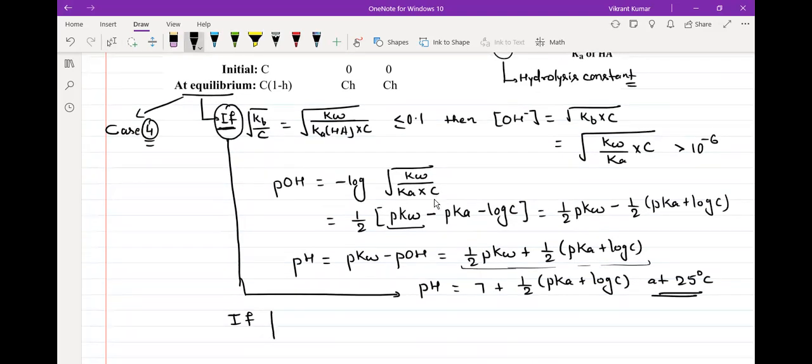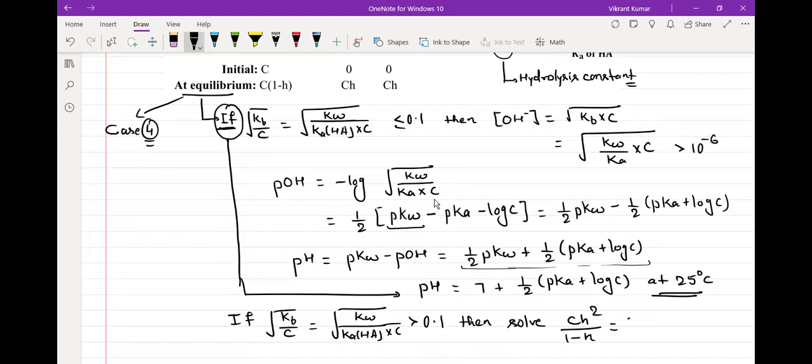So if this under root Kb upon C, which is under root Kw upon Ka of the acid HA into C, comes greater than 0.1, then solve Ch square upon 1 minus h equals Kh, and Kh was nothing but Kw upon Ka, to get h.